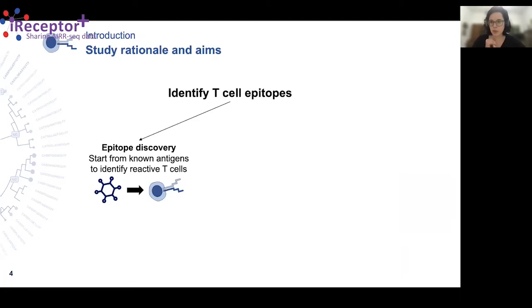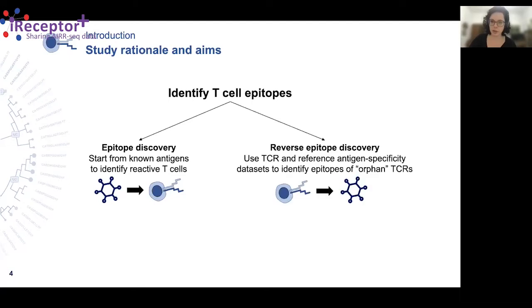But now that we work with these big TCR data sets, there is more and more the contrary: starting from a list of TCRs and saying this TCR is specific for that. This is what we call reverse epitope discovery, which is super interesting and also super difficult.